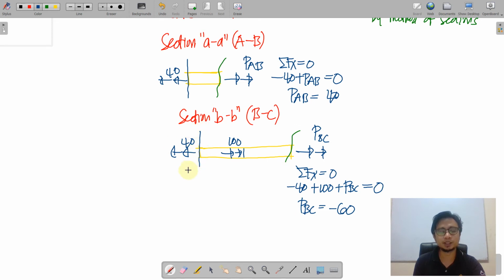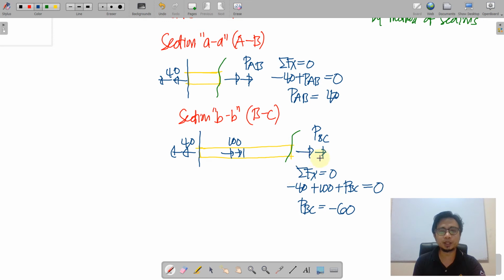But if this is not given, we will have difficulty knowing the direction of our torsion per segment. So to make this easier, we will just assume that all the unknown torque per segment is towards right, and then let the equation tell us whether we have a wrong assumption or a correct assumption.